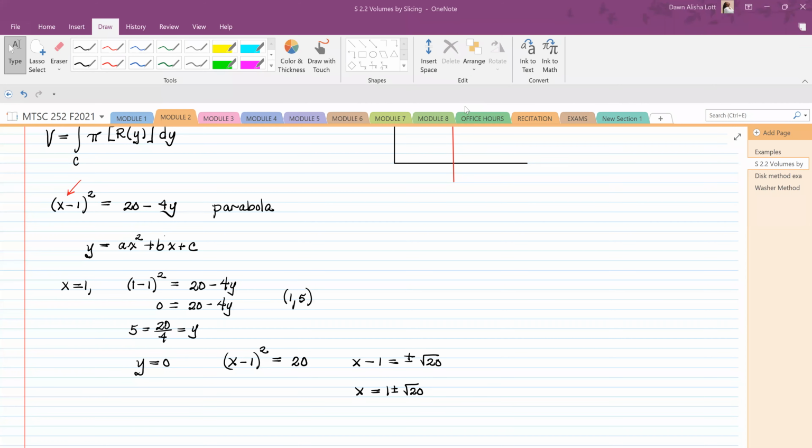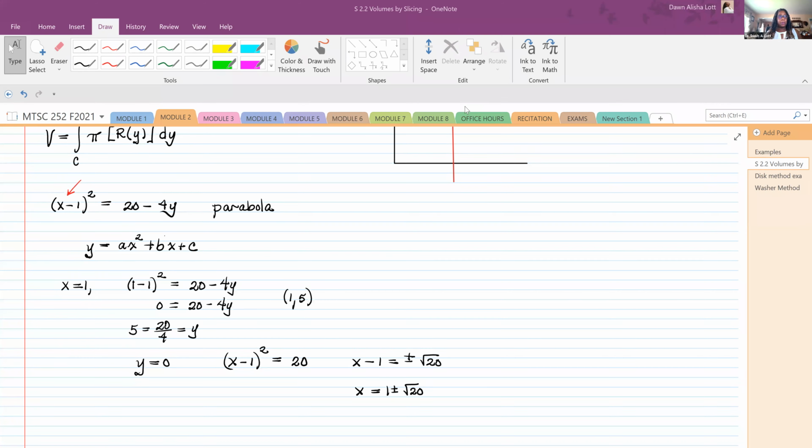We could put it into something that we would graph. Luckily, I have graphed it already, so I know what it looked like. When I graphed it, I got this parabola.